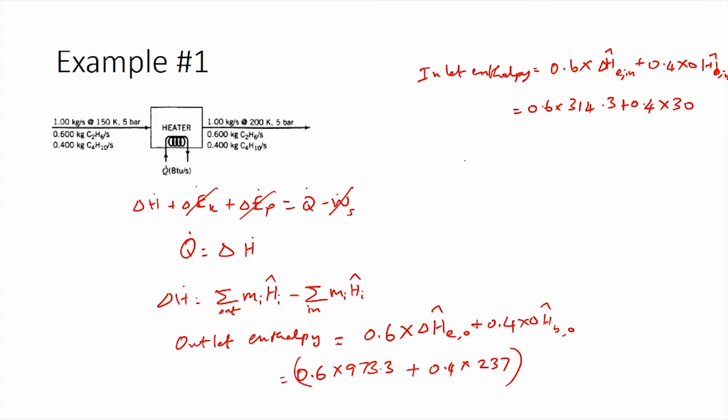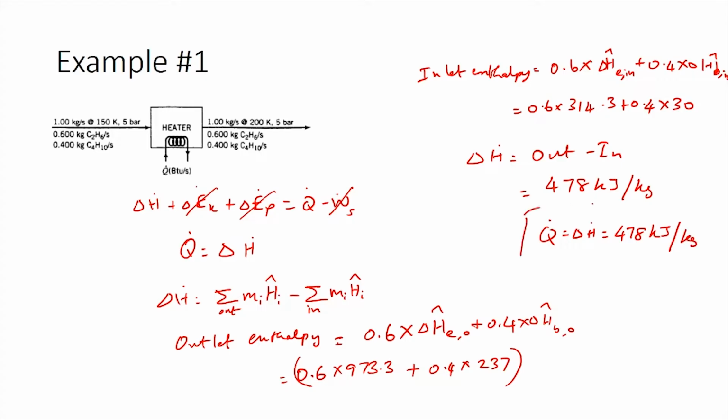So, the difference between the outlet and the inlet enthalpies will be delta H dot, which would be outlet minus inlet, which is 478 kilojoules per kilogram. So, Q dot, which is equal to delta H dot, would also be equal to 478 kilojoules per kilogram. So, this would be the amount of heat which needs to be supplied to the system.